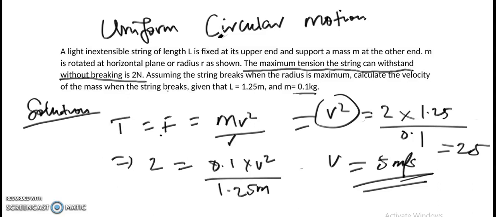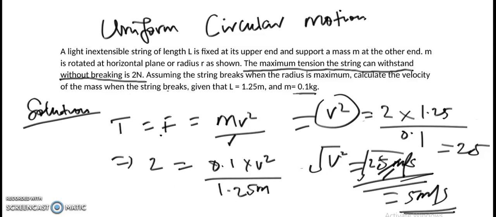So to remove the square, you take the square root of both sides, so that we remove the square. And if we take the square root of 25, we will simply get 5. That's why the answer is 5 meters per second, just for clarity. And this is our solution.